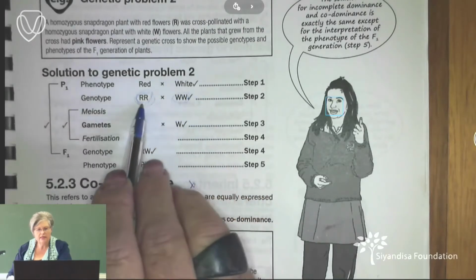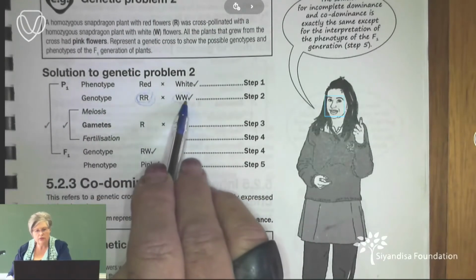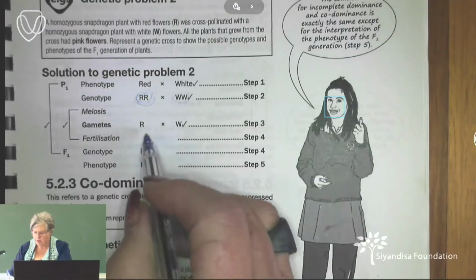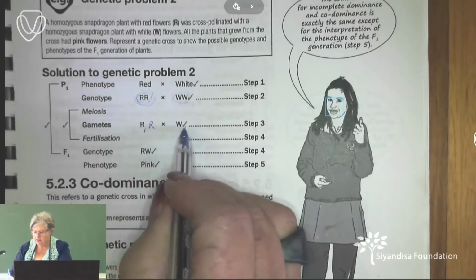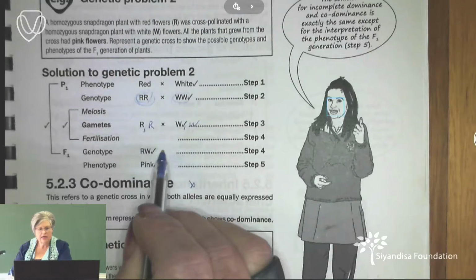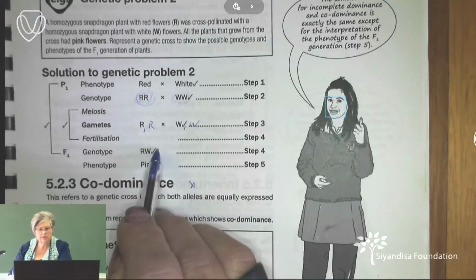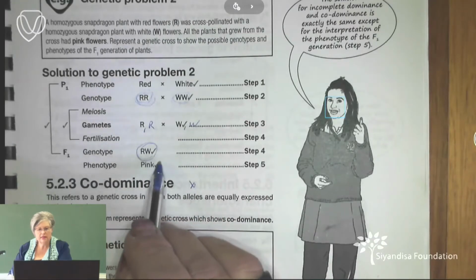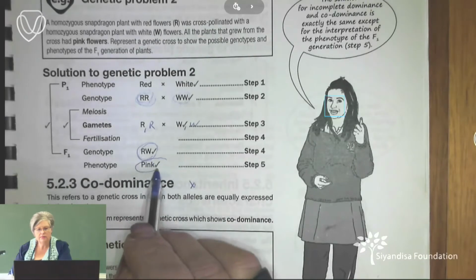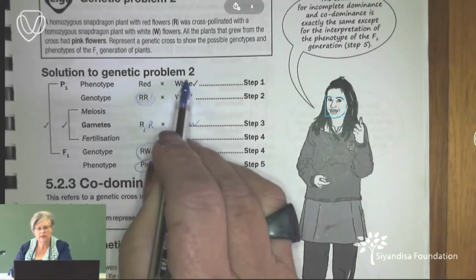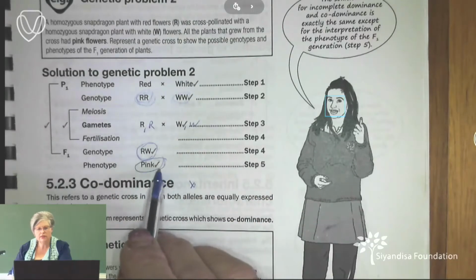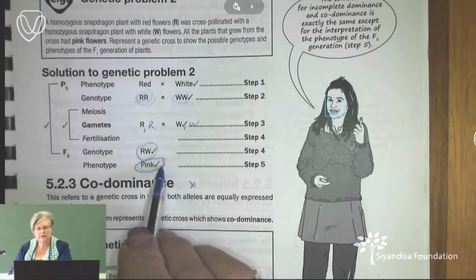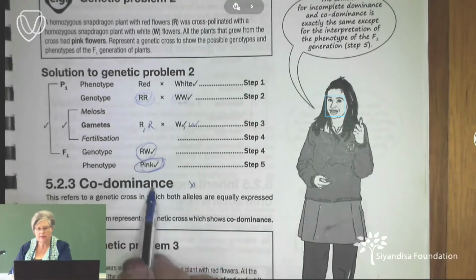The red will look like this, the white will look like this. How will the gametes look? It will be R, or you can write it like this, it doesn't matter. And how will the genotype be? All of them will be this. But the color will be pink, because somewhere in your clue it said it is an intermediate color or it is incomplete dominance.